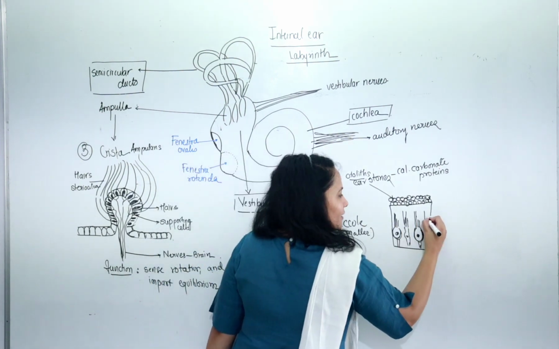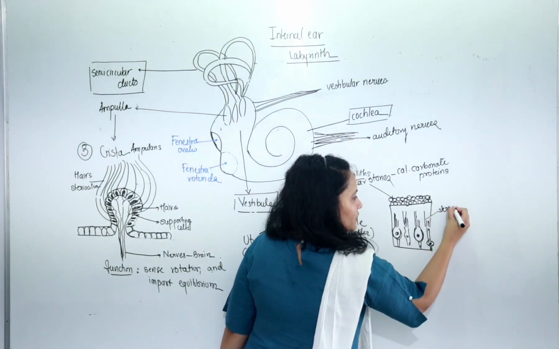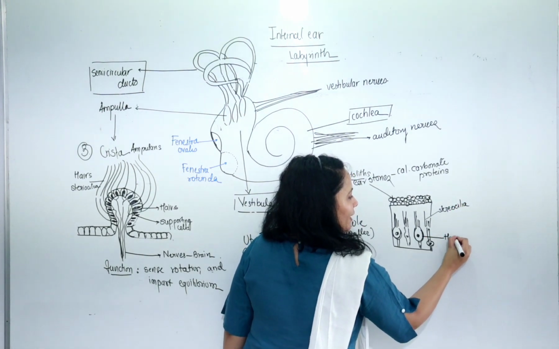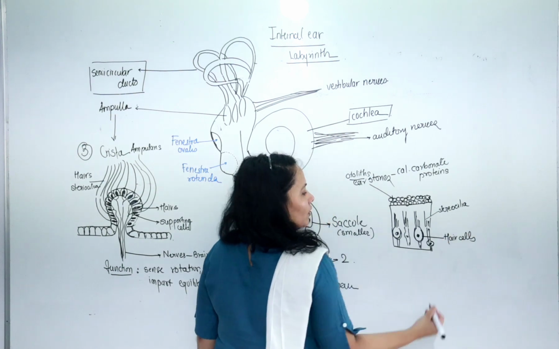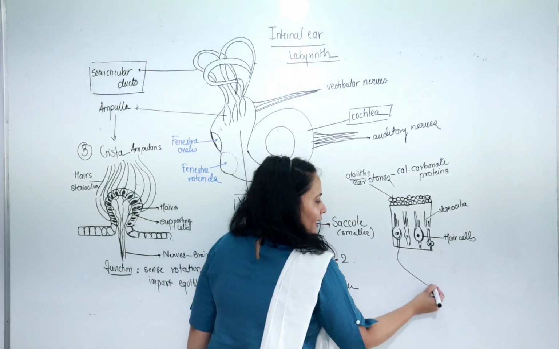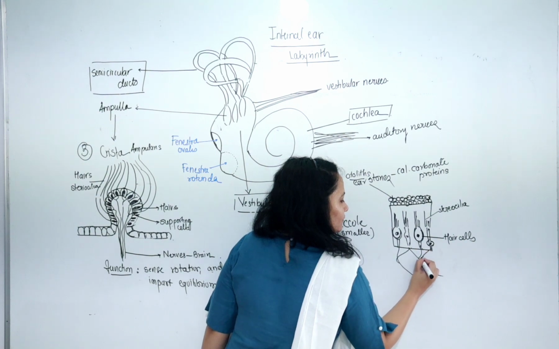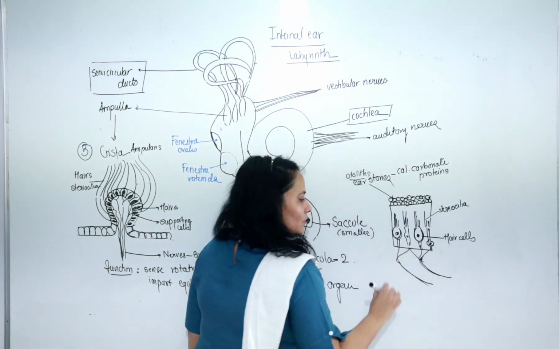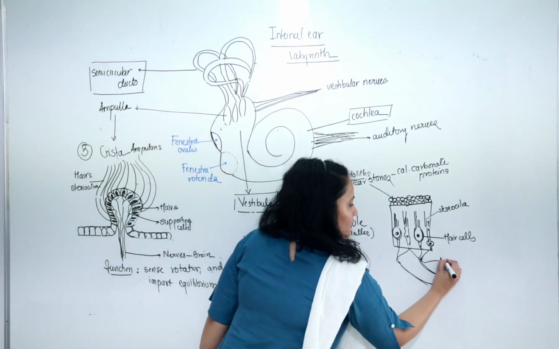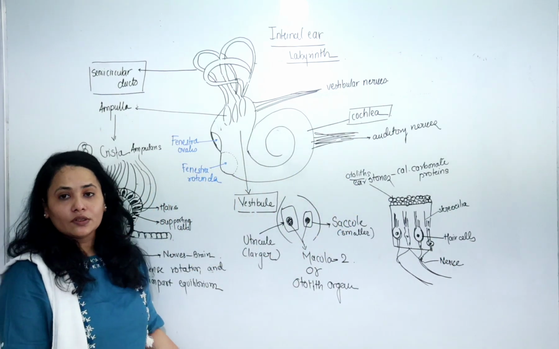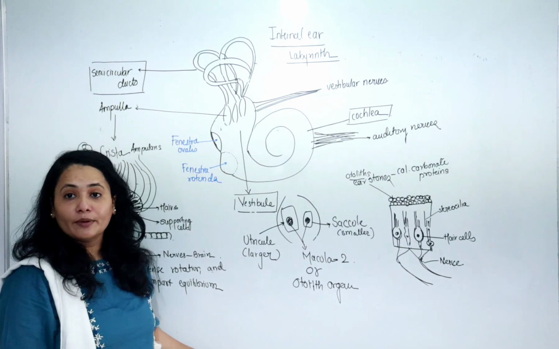You can call these hairs stereocilia, and these are known as hair cells. And just beneath that come the nerves. So this is the structure of the otolith organ, or you can call it the macula.